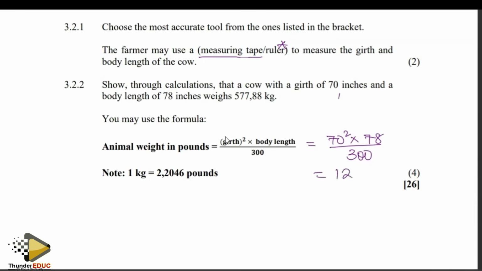So you end up having this much. But remember, this is in pounds, LB. We want the answer to compare it with kilograms. So if 1 kilogram is equivalent to this, what about these pounds here? So we need to divide this by 2,204.